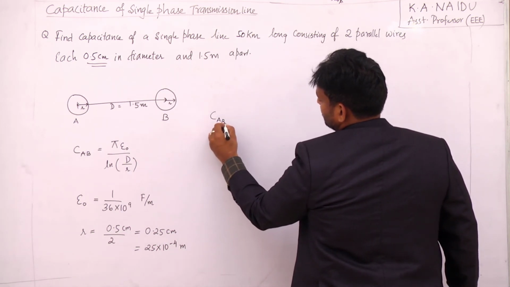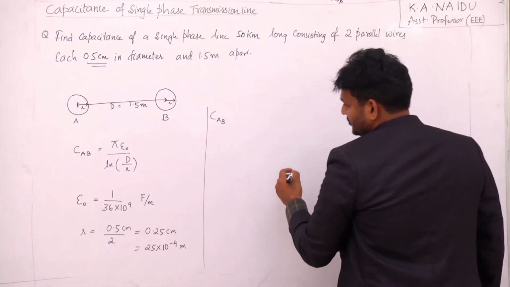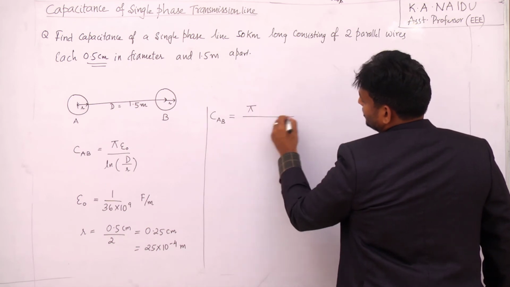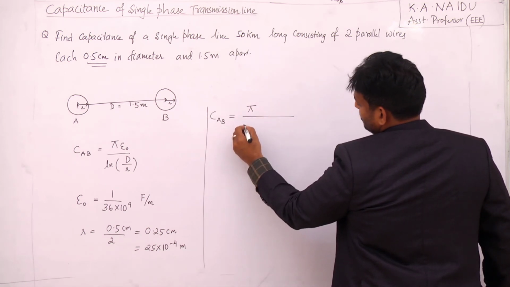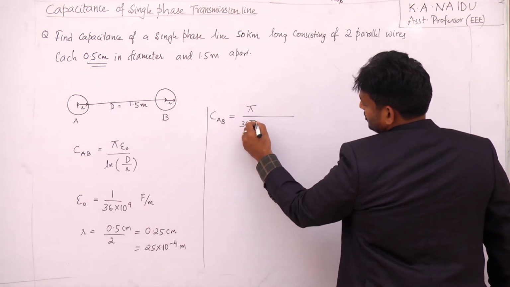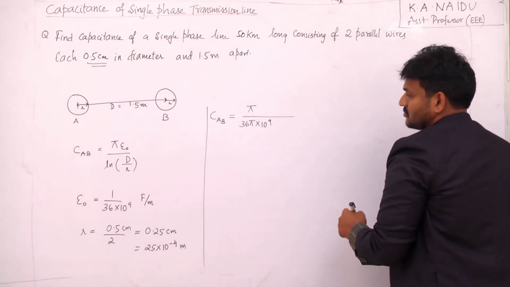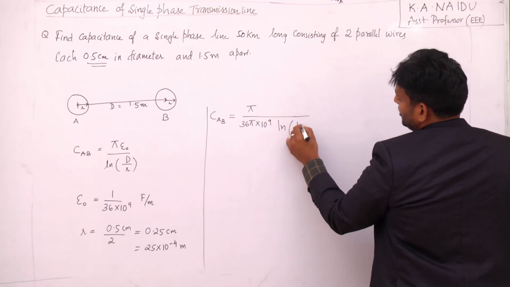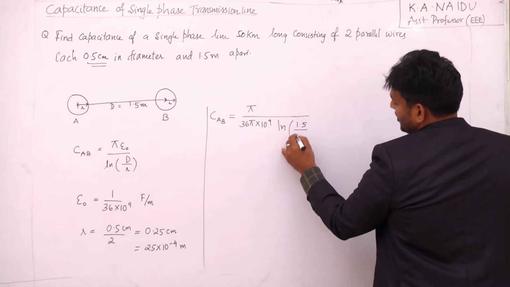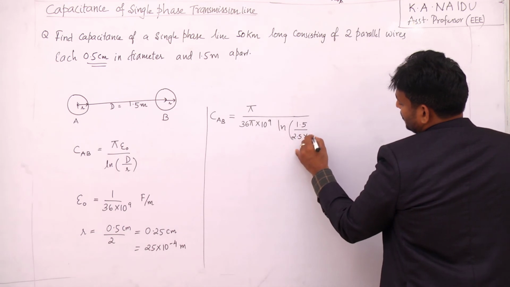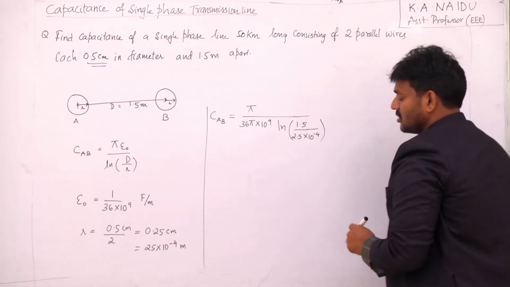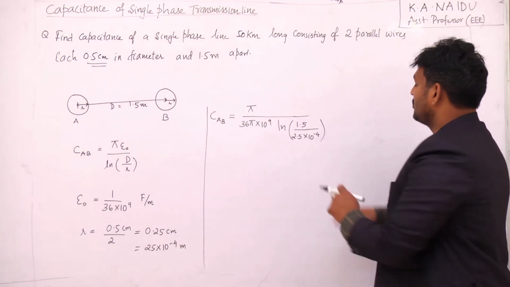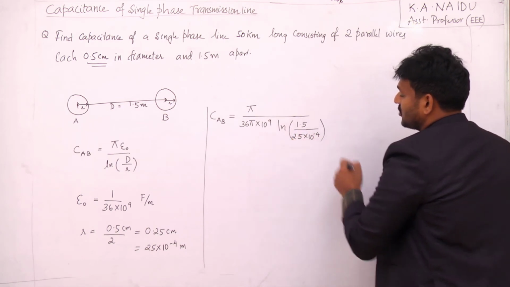CAB is equal to pi epsilon naught, that is, pi into 1 by 36 pi into 10 power 9, divided by ln of D by R, where D is 1.5 meters and R is calculated as 2.5 into 10 power minus 4 meters. Because 1 centimeter is 10 power minus 2 meters, with two zeros you get 25 into 10 power minus 4 meters.